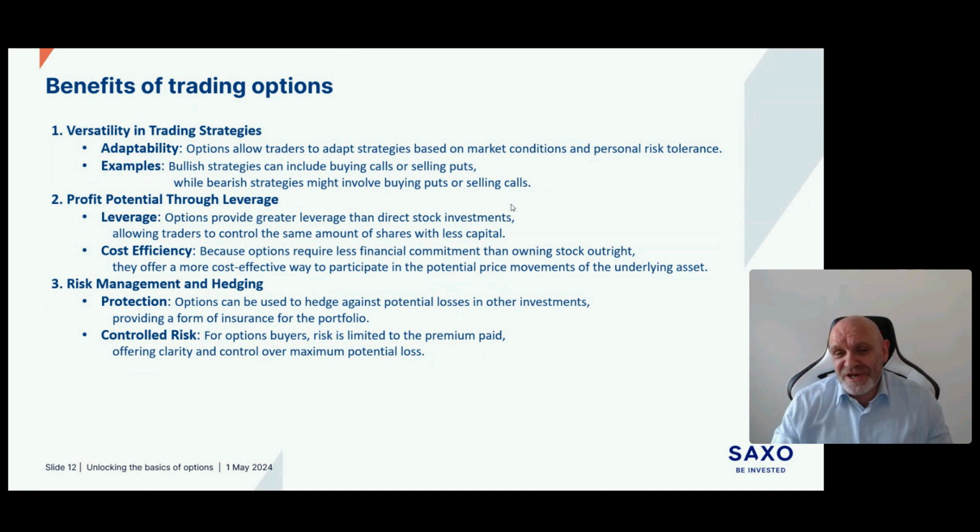So using a strategy like this, which is very simple actually, will protect your profits. So it's not only a way to make money, it's also a way to protect the profits that you made.